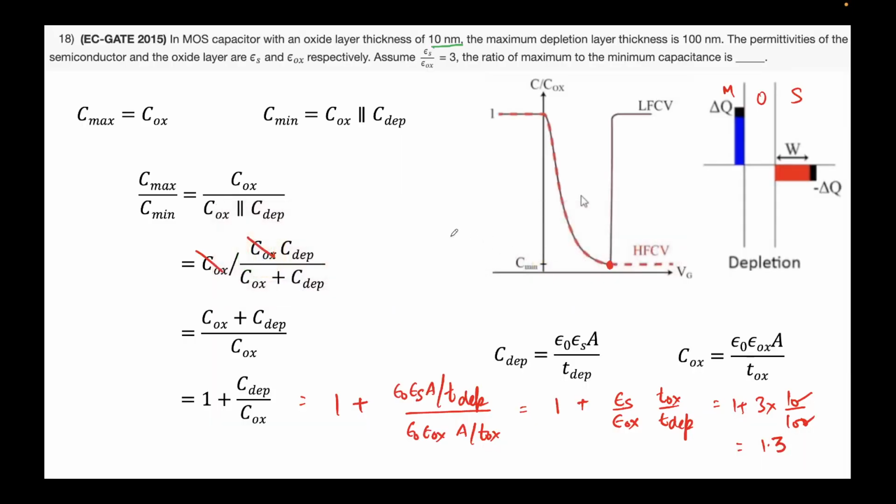Yeah, so maximum capacitance is nothing but Cox, which is correct, and the minimum capacitance will be achieved over here, which is nothing but Cox, because this oxide is in parallel. I mean, it's in series, but we'll denote it with parallel to C dep. So Cox C dep over Cox plus C dep, that's correct. Cox gets cancelled, Cox plus C dep comes into the numerator.